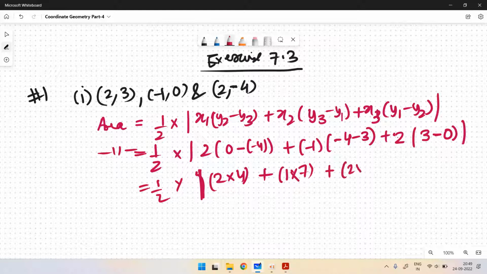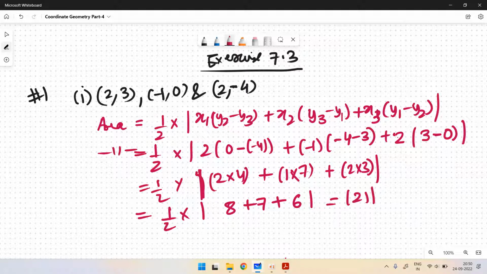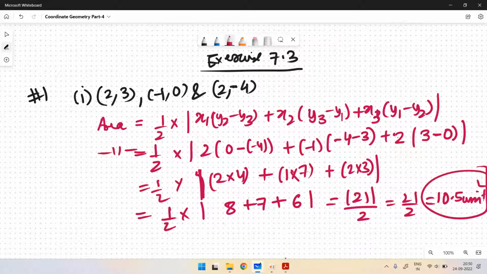This is half into 4 times 2 is 8 plus 7 plus 6, which will be 21 mod 2, which is 21 by 2, nothing but 10.5 unit square, which is the answer. The second you can do yourself. Now I'm doing the second question.